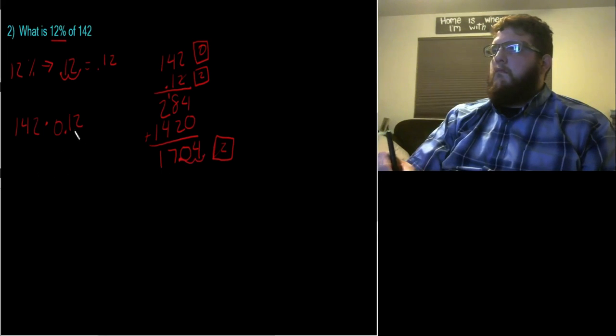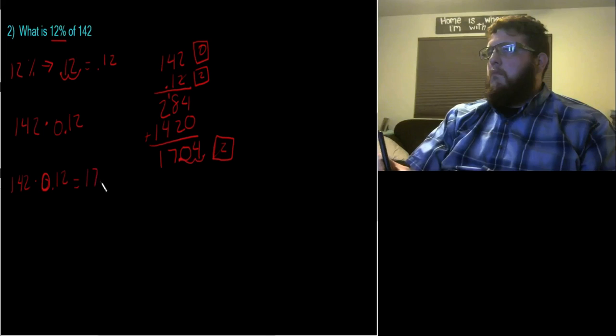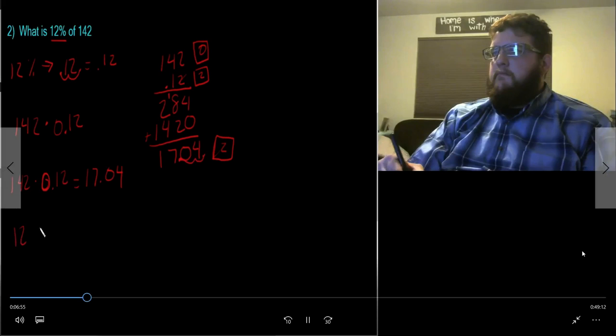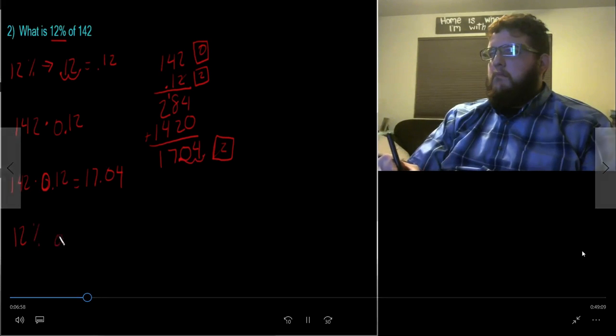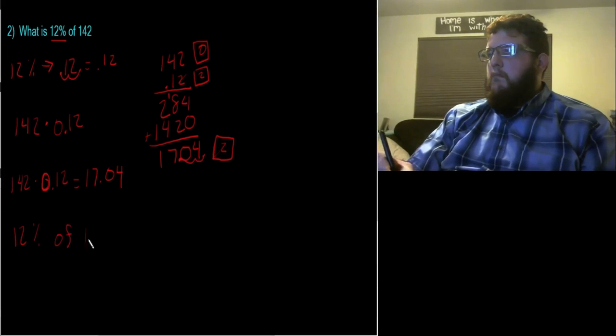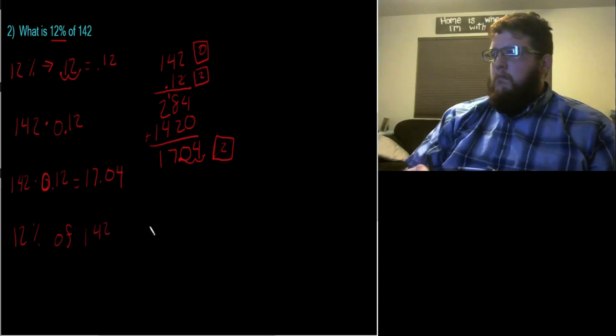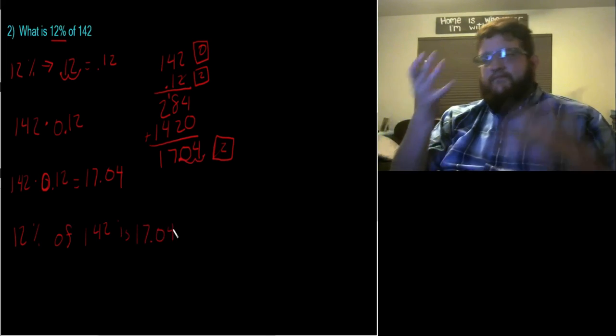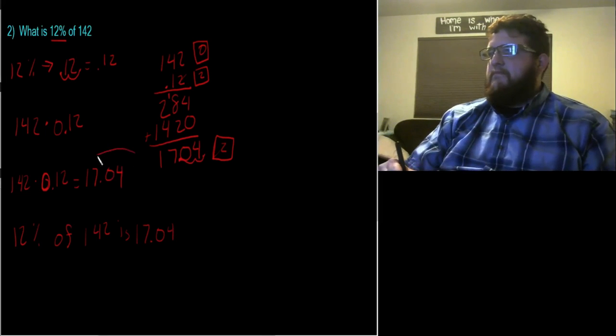The end result, my answer should be 17.04. 142 times 0.12 equals 17.04. If I decided to write my answer out, which I don't have to, but if I did, it would look something like this. 12% of 142 is 17.04. And that's it. Let's jump to number 3 now.